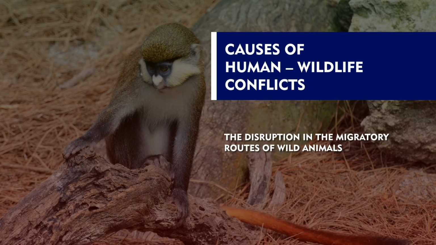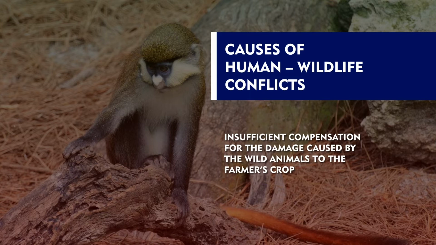There is also a disruption in the migratory routes of wild animals. Sometimes a herd of elephants moves from one place to another, and due to the development of human settlements, the migratory animals attack the settlements on their route. On the other hand, most of the time the government does not pay sufficient compensation for the damage caused by wild animals to the farmers' crops.